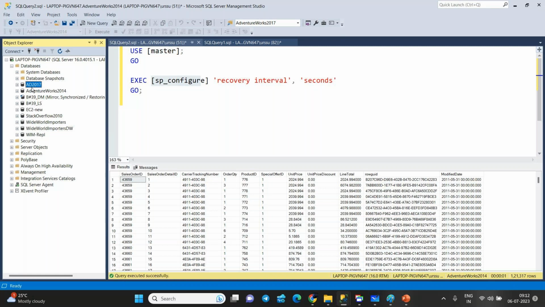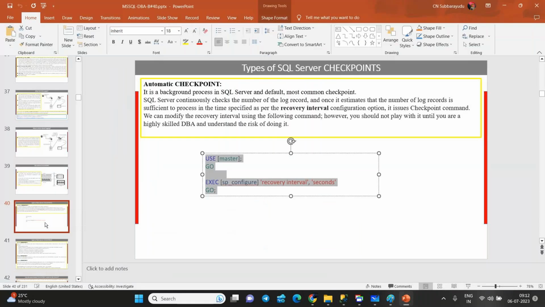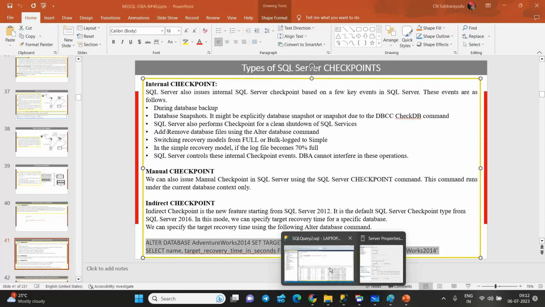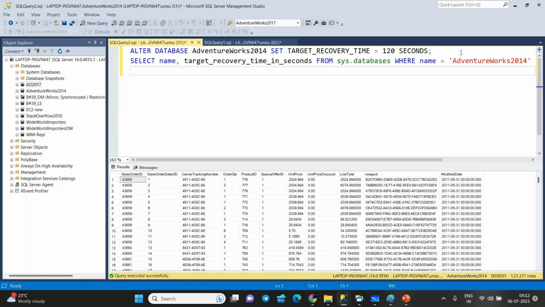From SQL Server 2012, Microsoft came up with the concept called indirect checkpoint. If you want to change it, you can go and change the checkpoint interval time for your specific database.